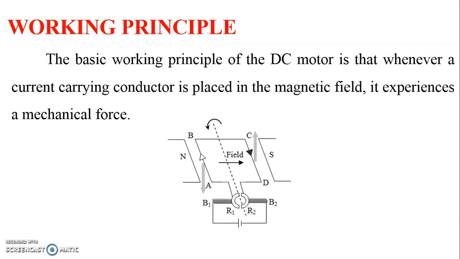So the working principle of a DC motor. The basic working principle of a DC motor is that whenever a current carrying conductor is placed in a magnetic field, it experiences a mechanical force. So this is the working principle of a DC motor.